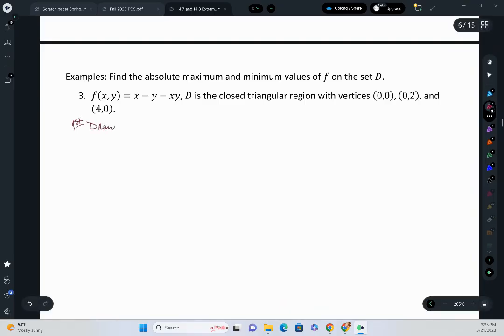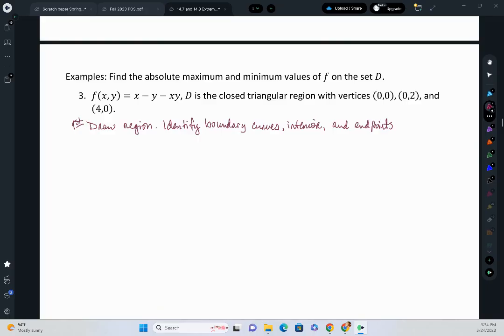I'm going to draw the region, then identify the boundary curves, interior, and endpoints, just so it's super clear for all of us.